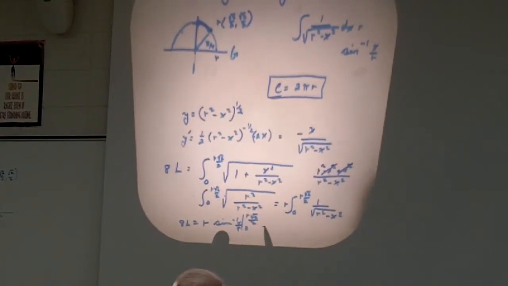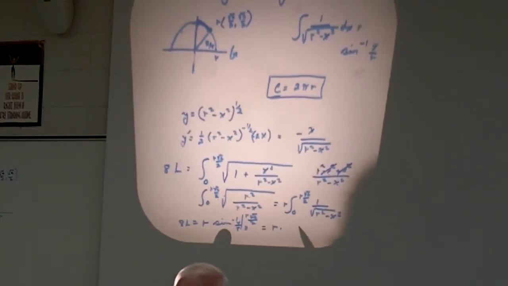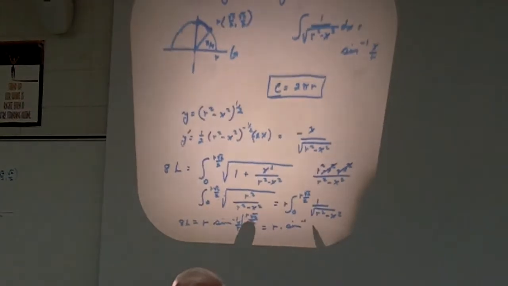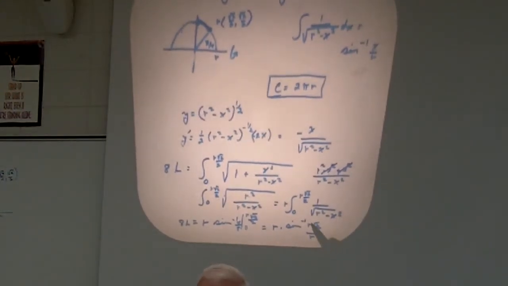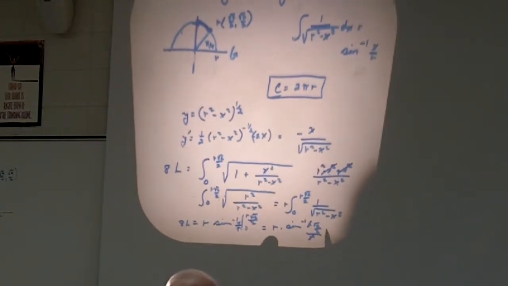So I have here, this is equal to r times sine inverse of r square root of 2 over 2 all over r. See, these two r's cancel. And where is the sine inverse at square root of 2 over 2? Pi over 4. So this is equal to r times pi over 4.